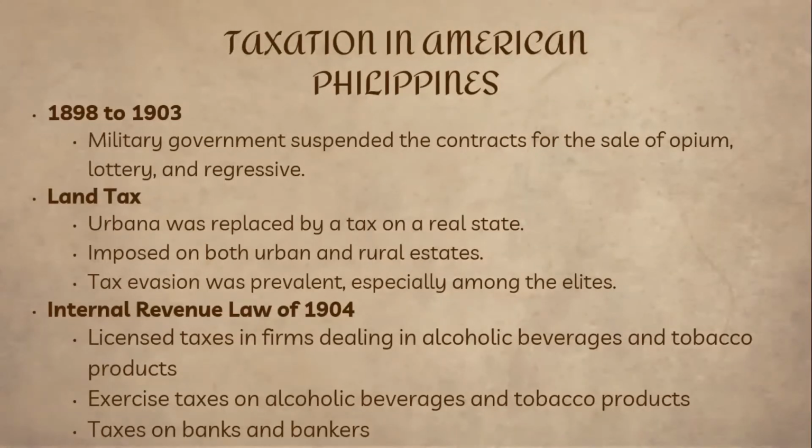The evaluation of the land value was affected by political and familial factors, and the introduction of a tax collection framework on agricultural land faced complaints from the landed elite. Tax evasion was prevalent, especially among the elite.